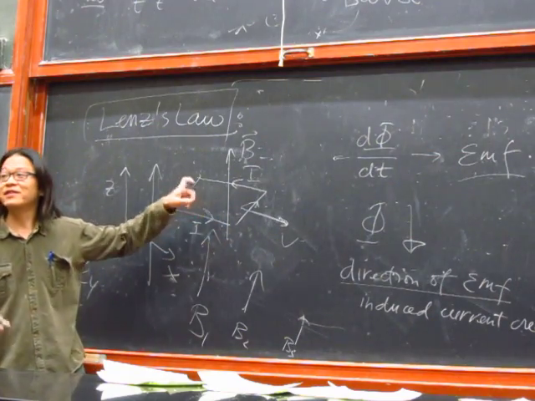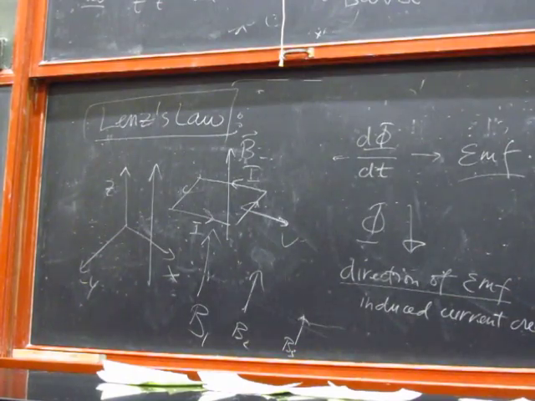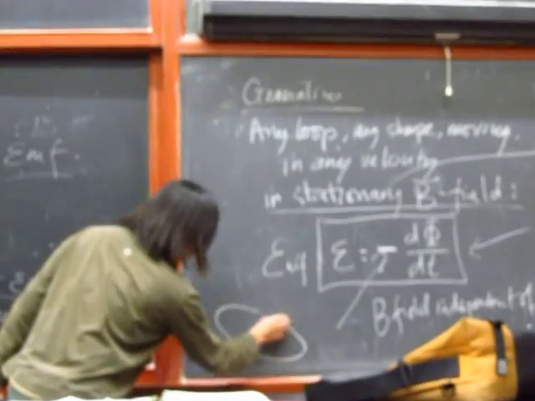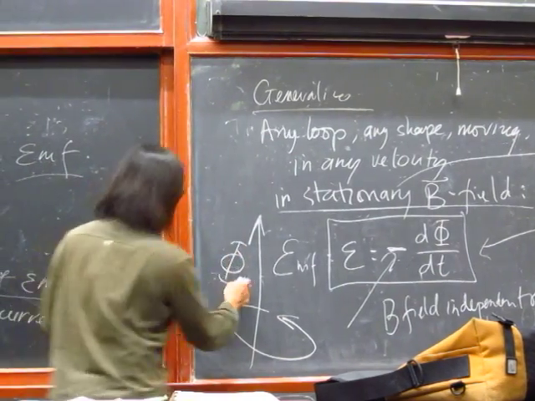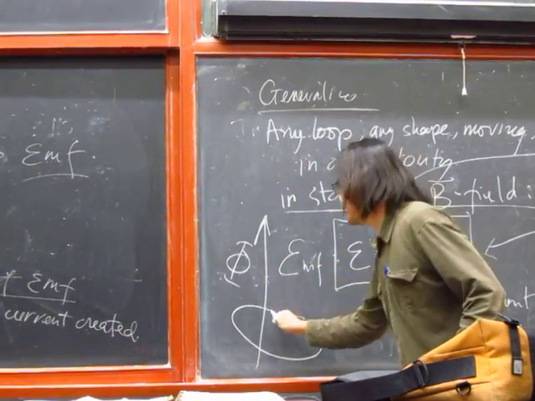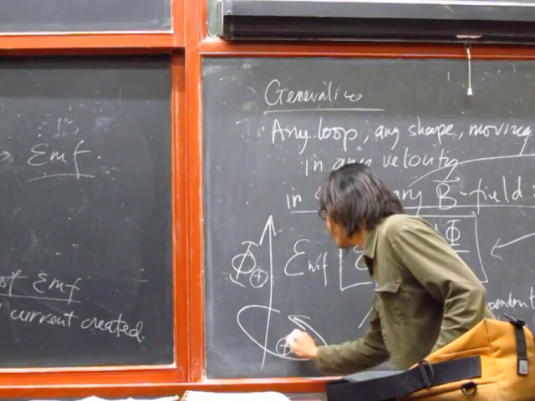Correct. The negative sign is just making sure of the loop direction: if this is the positive direction of flux, then this is the positive direction of EMF.